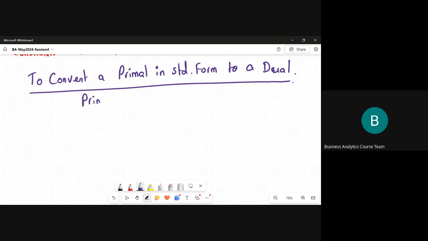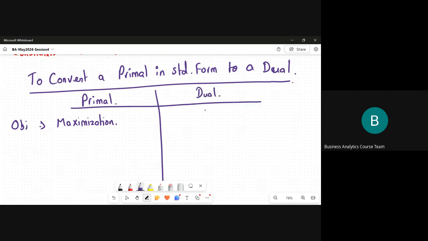So in the primal, if the objective function is maximization, then in the dual, the objective function will be a minimization. Constraints: if in the primal it's in maximization, since it's in the standard form, it will be less than or equal to RHS. In the dual, it will become greater than or equal to RHS.